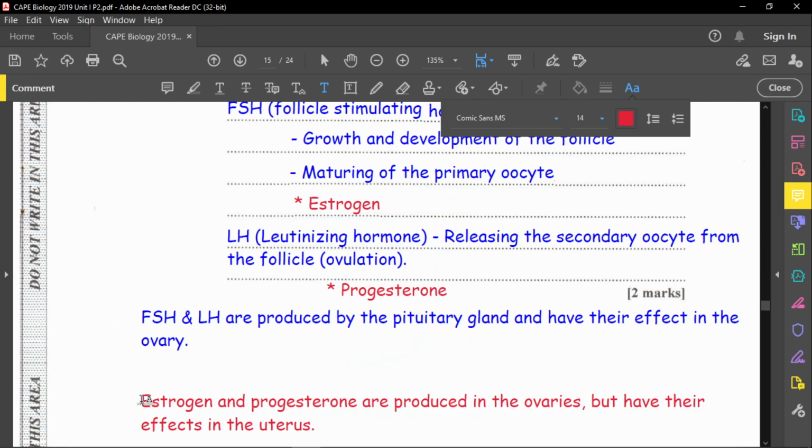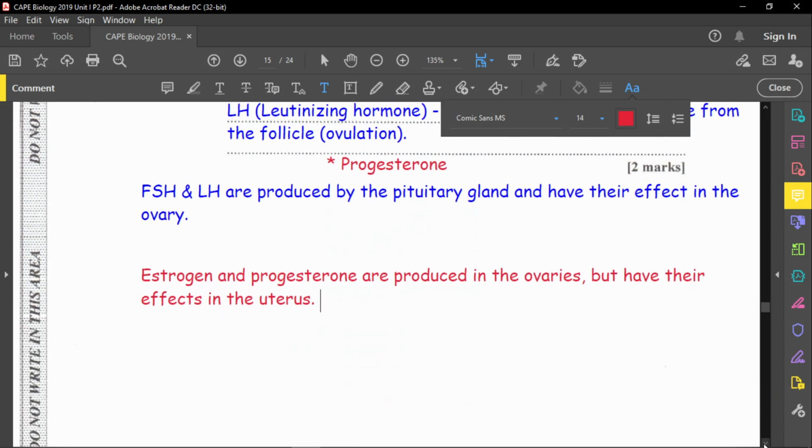That's something you need to know, in case you need to explain the effects and where these are produced. Estrogen can be spelled with the OE at the front, just to make a note of that as well. All right, jump into the next part of the question.